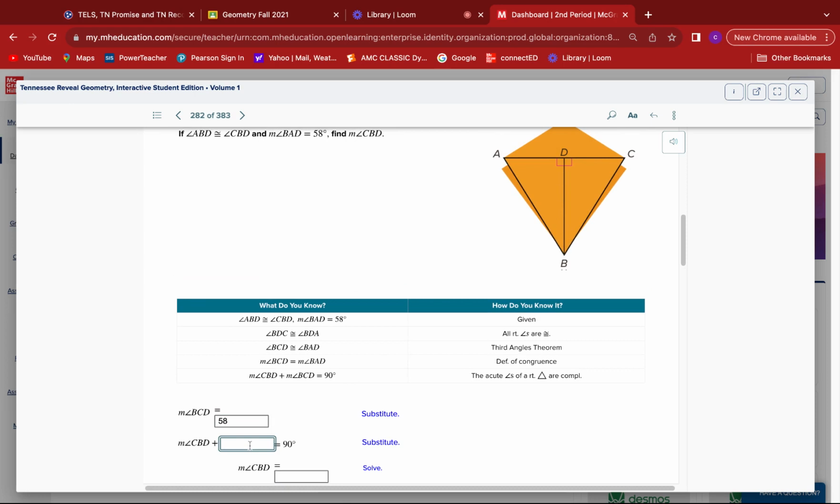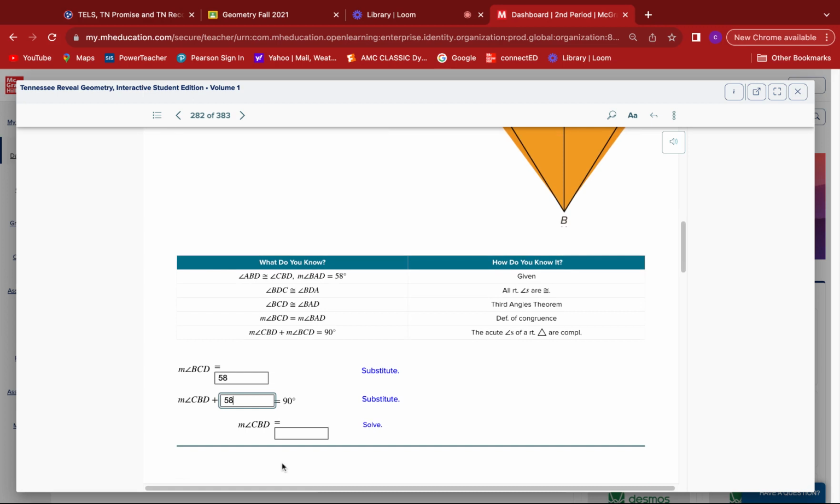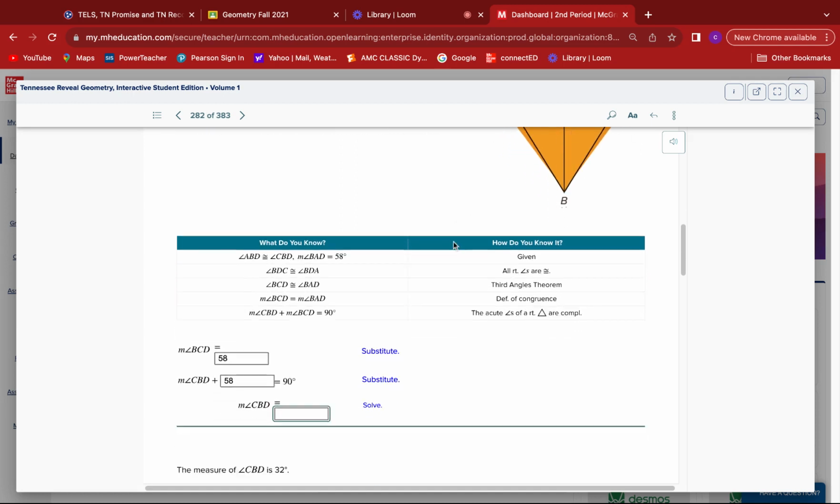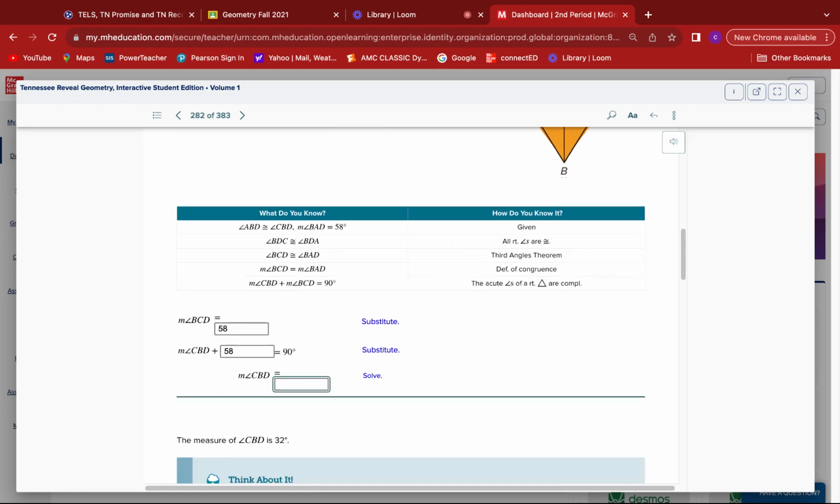Okay, I see what they're doing. And then take 58 away from 90. So I did the 180 thing, but they're doing the 2 angles of a right triangle add up to be 90, just like this one's 90. So 90 minus 58 will give me my answer, which is 32 degrees.